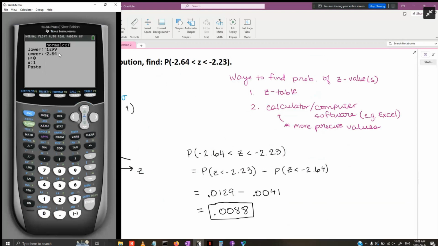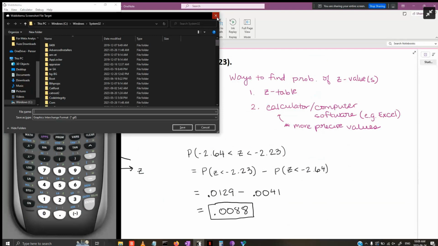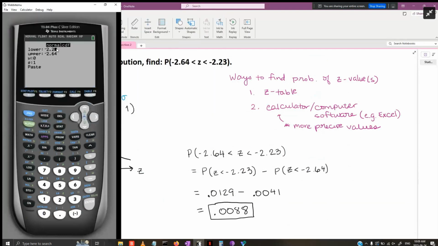But anyways, I mentioned you don't have to do that. What you can do instead is type both of them, just like they handed you the problem. It's from negative 2.64 to negative 2.23. You can type that same thing out. And there I go again doing the same thing. All right, let me do delete, 6, 4. I'm going to make sure I'm typing the negative symbol instead of the subtraction button.